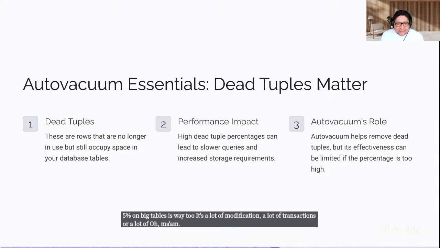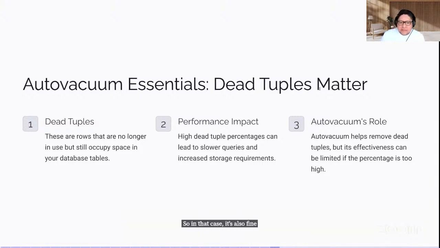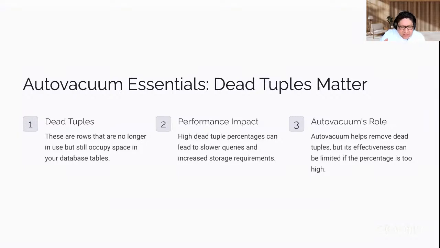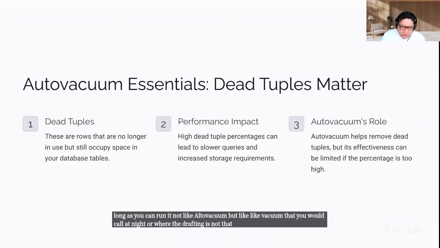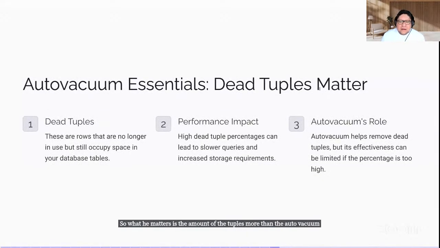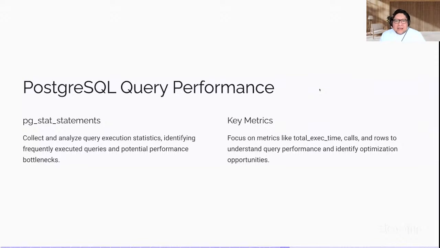So in that case, it's also fine if auto vacuum is not running that often, as long as you can run it, not as auto vacuum, but as a vacuum that you would call at night, or when the traffic is not that heavy, and then do this huge cleanup. That's also fine. So what matters is the amount of dead tuples more than the auto vacuum time, or how many times we executed all that stuff.